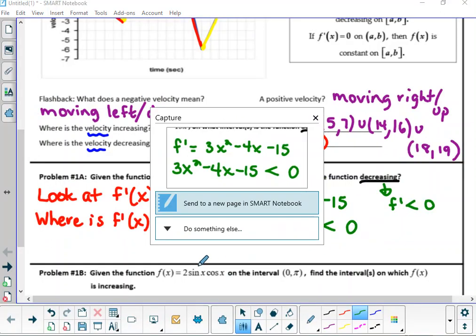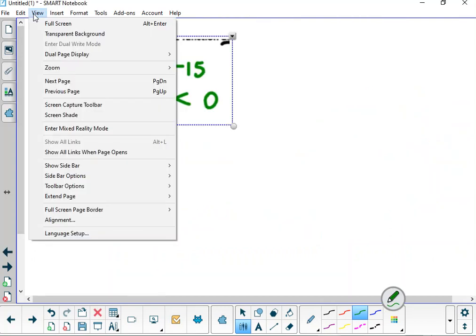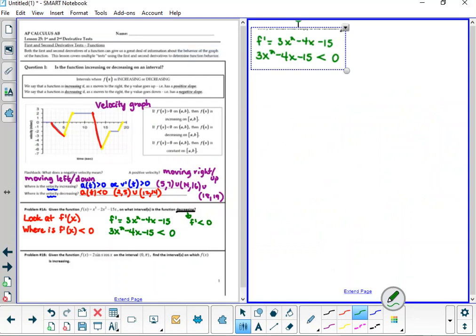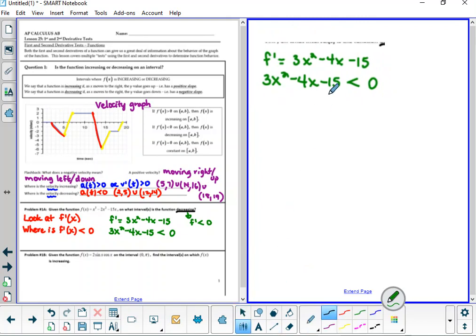Because even though you didn't call this a derivative in pre-calc or do anything necessarily with it, the fact that we're looking at a quadratic function and determining where the quadratic function is less than 0 is a pre-calc problem.